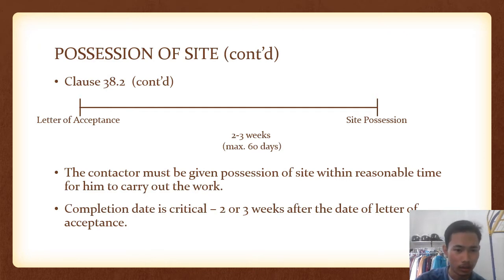The contractor must be given possession of site within a reasonable time for him to carry out the work. Just as I explained before, 2 until 3 weeks, or a maximum of 60 days between the letter of acceptance and site possession.